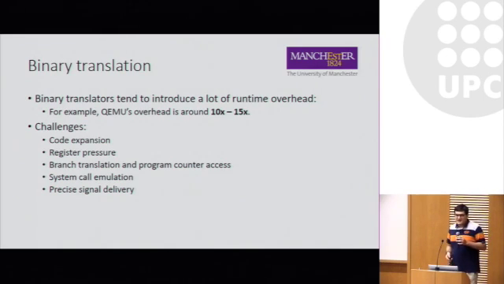This particularly applies to branches and specifically indirect branches, where you jump to an instruction, but the target of the branch isn't known until runtime and can vary from one run to another. In such cases, basically every time the instruction is executed, you have to do a mapping from the source target address to the address of a translated code fragment.